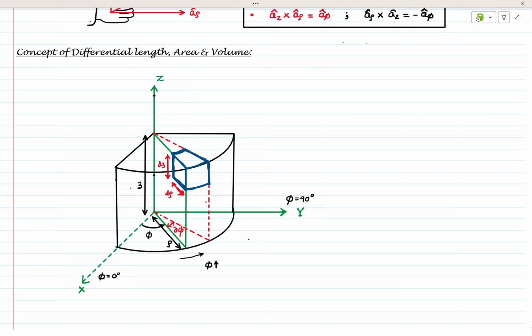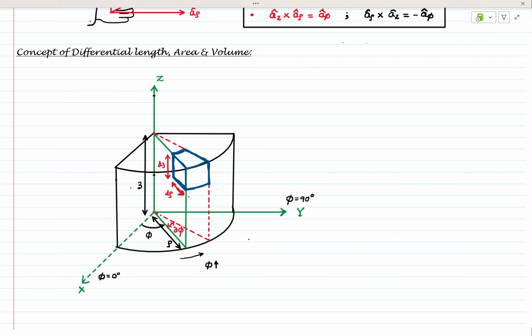The last one is this length, because this small section has three things: length, width and height. We also discussed the same thing in the Cartesian coordinate system. The height of the small section is nothing but dz, the small portion of this total z.